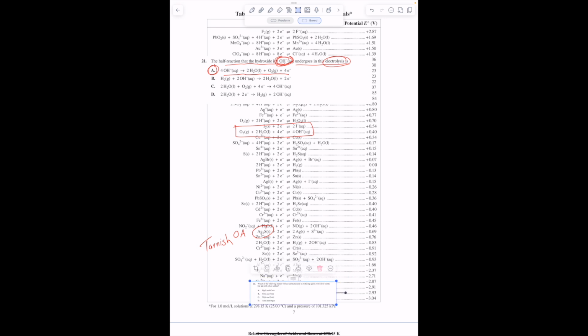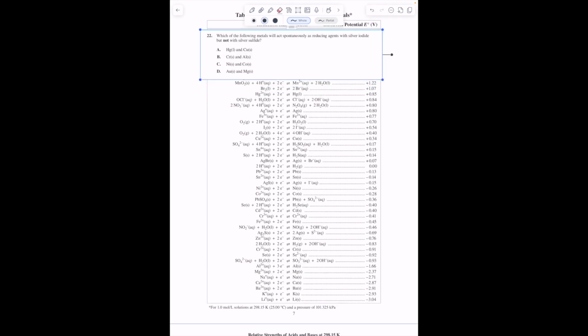Paste. Okay, there's my question. I'm going to clean all these off. Okay, so here is silver sulfide. There is silver iodide. And let's go through and find all these guys.